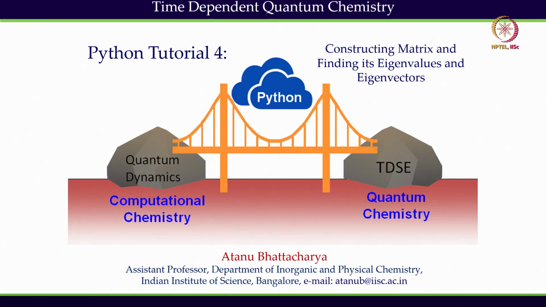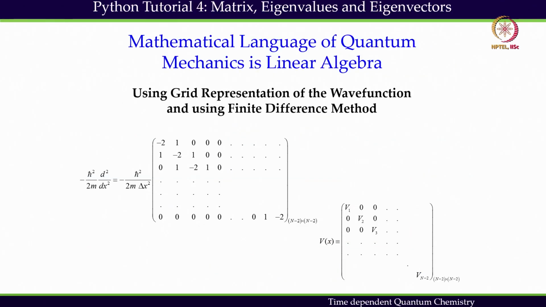Technically, we will be exploring the eigenvectors and eigenvalues associated with a particular Hamiltonian. So, we are solving the time independent Schrodinger equation. We will take a look at the procedure to represent a matrix in Python programming.